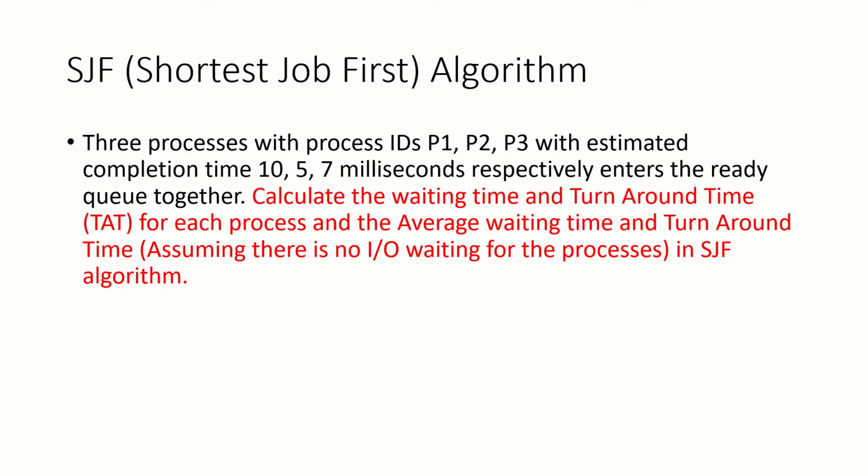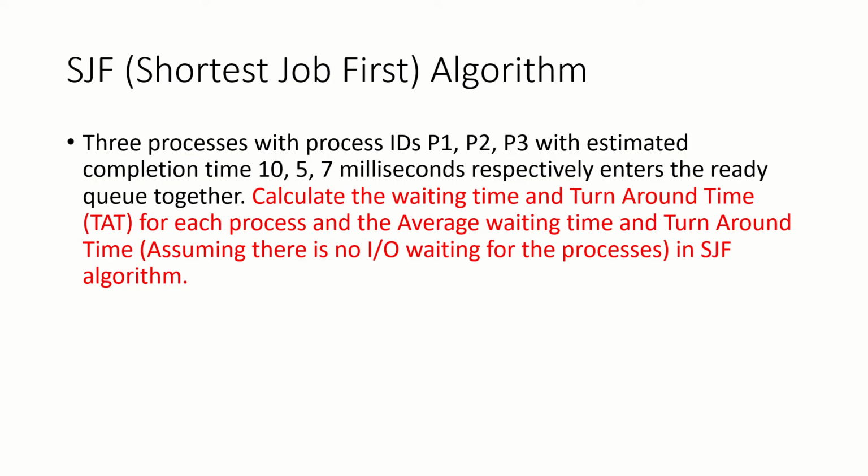So it is given shortest job first, which is quick, that we will consider at the beginning. Now we will consider the statements. There are two parts to the statement like the previous problems. First one, three processes with process IDs P1, P2, P3 and their completion times are 10 milliseconds, 5 milliseconds, 7 milliseconds, and they enter the ready queue together.